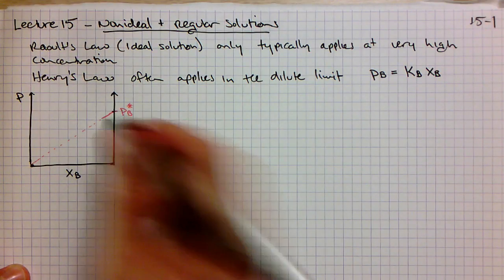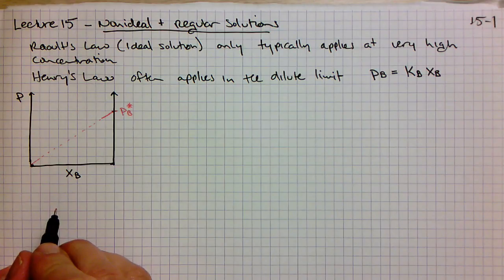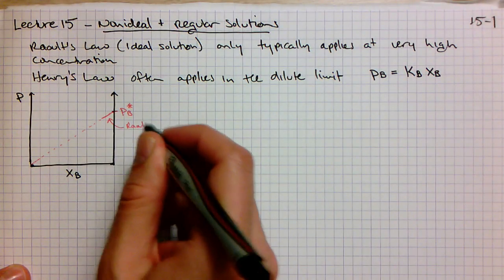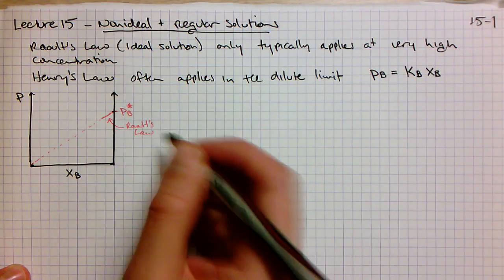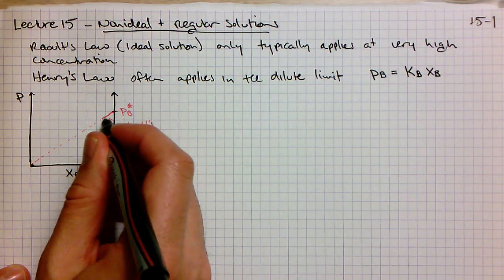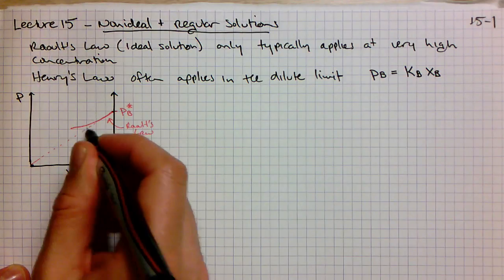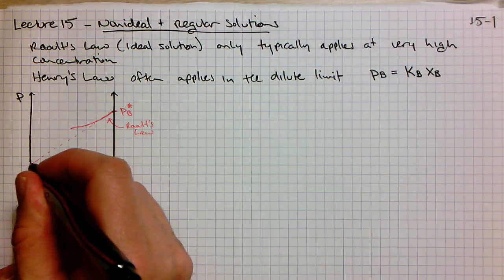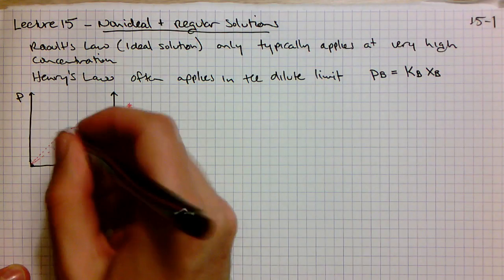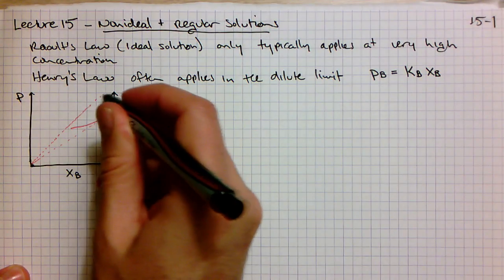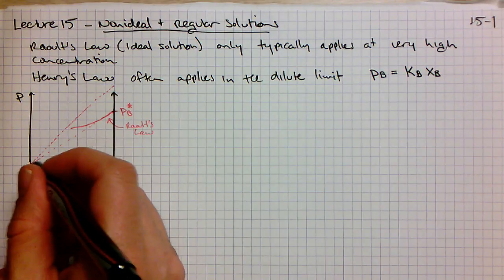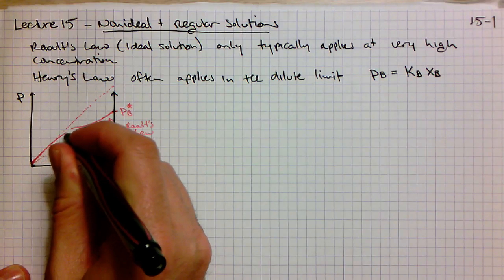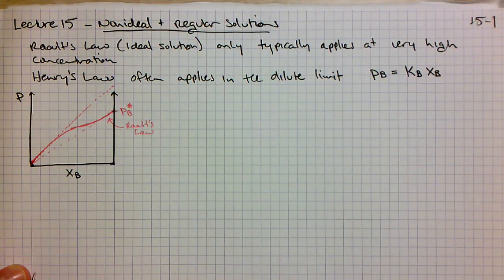So here we're obeying Raoult's law, but as we move away, we don't quite follow this behavior all the time, but there's some other linear behavior. Let's draw another line here. We follow basically linear behavior along some other curve down here, and then there's some transition region in the middle.